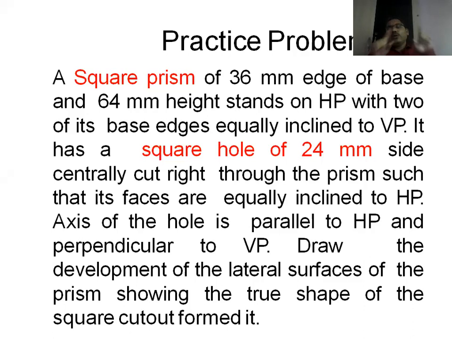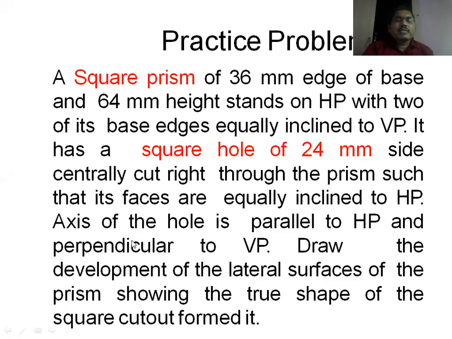And this hole is again a square hole. We will draw a square in front view, but the sides of that square are equally inclined to HP. That means to the XY line, we'll draw the sides of this 24 mm square making a 45-degree angle.